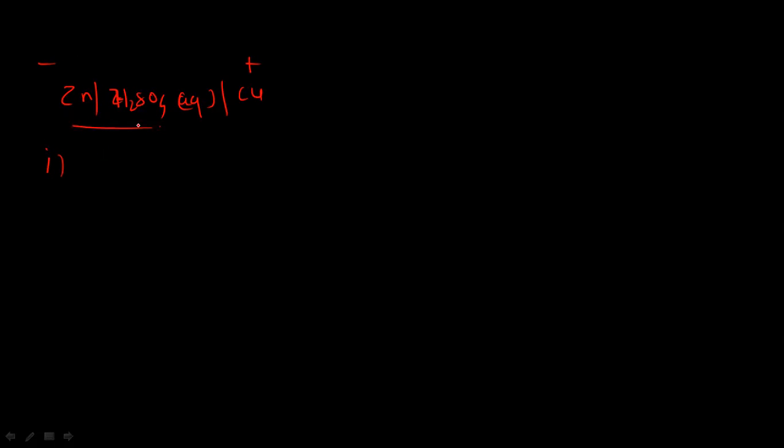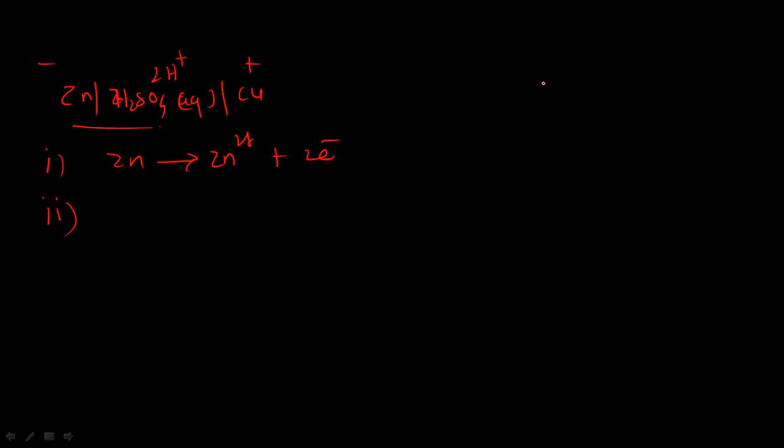So zinc metal comes in contact with sulfuric acid, zinc gives Zn2+ ion, and 2 electrons are released. And on this side, what happens? The two electrons which are released here are added onto the two hydrogen ions.